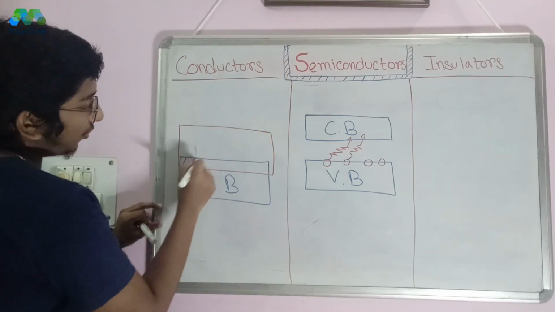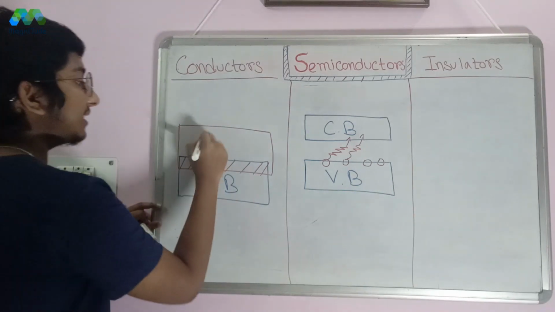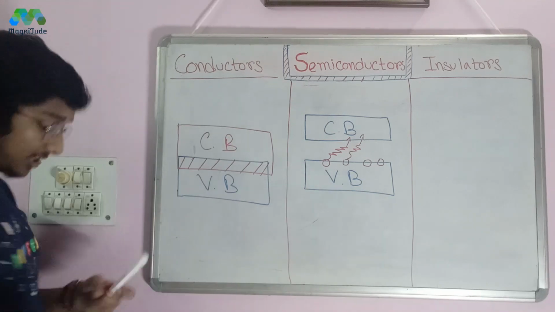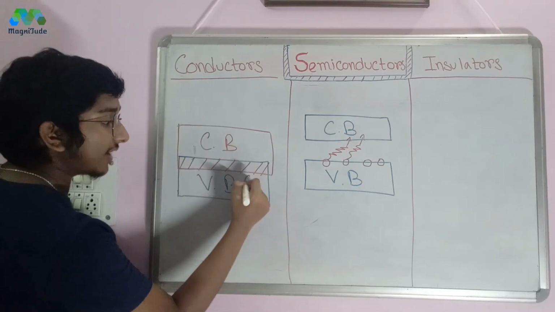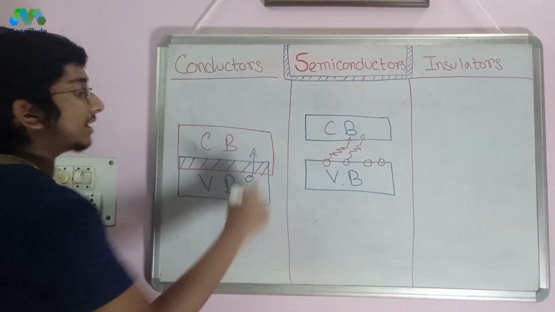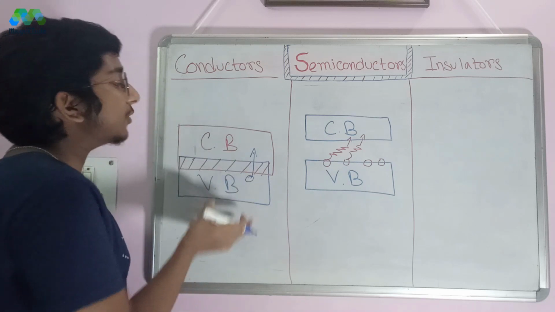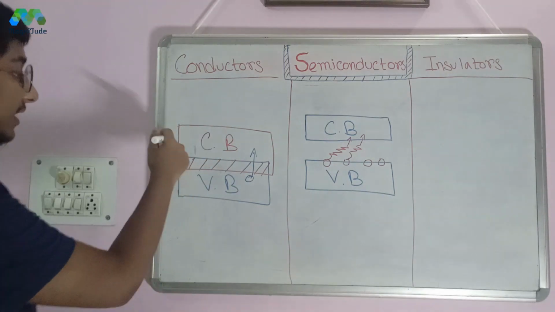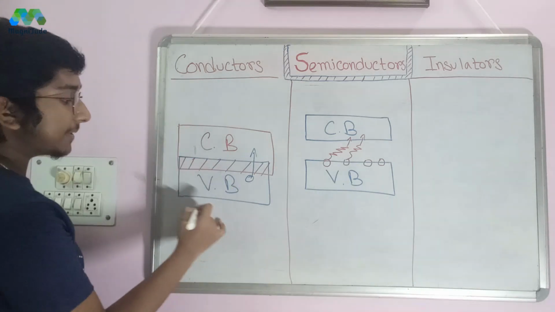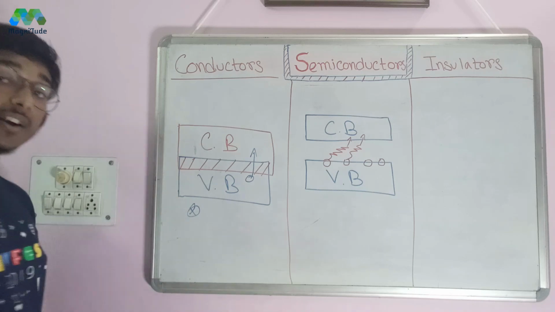So the electrons of the valence band can easily move to the conduction band because they are overlapping and connecting each other. So here the forbidden band gap is 0. No forbidden band gap is present in the case of conductors.